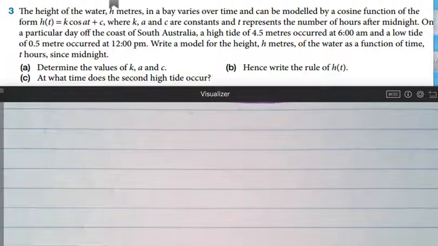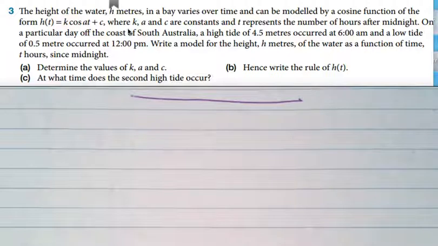All right? So the height of water, h meters in a bay, varies over time. So we're looking at question 3. And can be modeled by a cosine function of the form h in terms of t is k cos at plus c. That is exactly the same form as the one that we were just looking at, okay? Where k, a, and c are constants and t represents the number of hours after midnight.